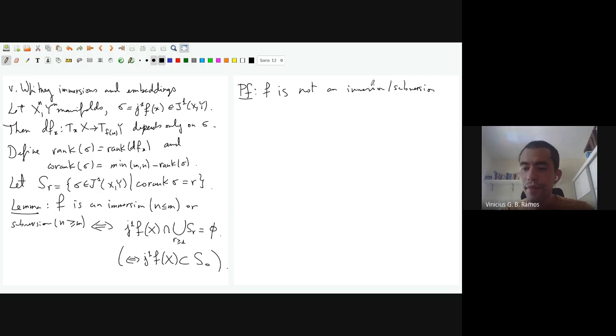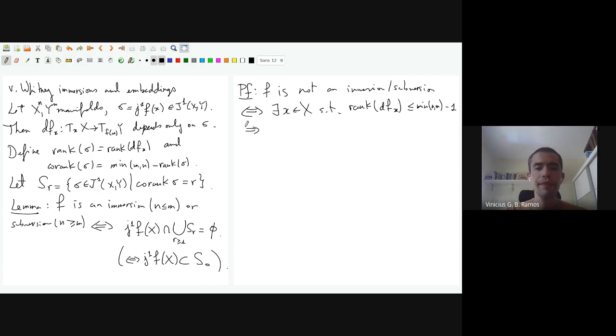So if you're not an immersion, that means that there exists a point in X such that the rank of the derivative at this point is less than or equal to the minimum of n and m, minus 1.